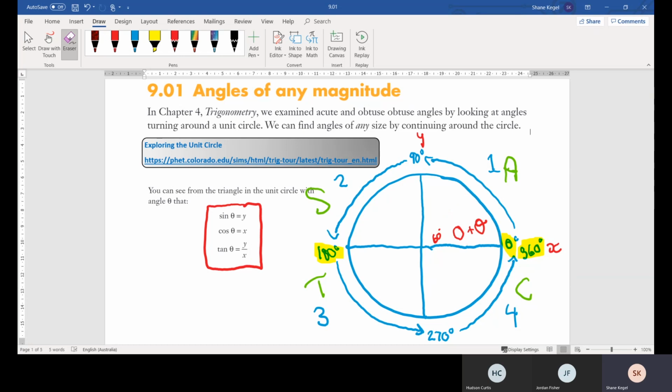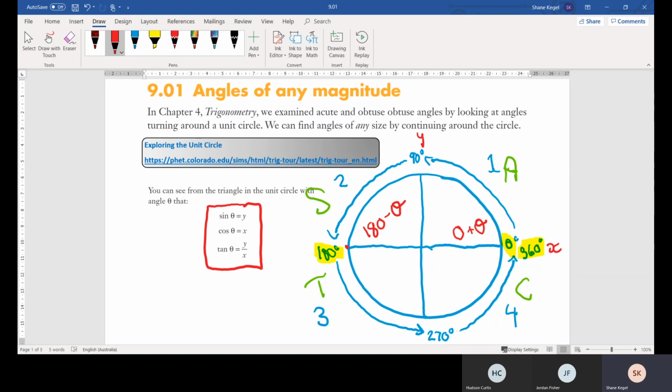In the second quadrant, we always measure from the horizontal. So the angle that we would need to plug into our ratios would be 180 take away whatever angle we're working with. So 180 take theta. I start at the closest horizontal number, which was this point, take theta.